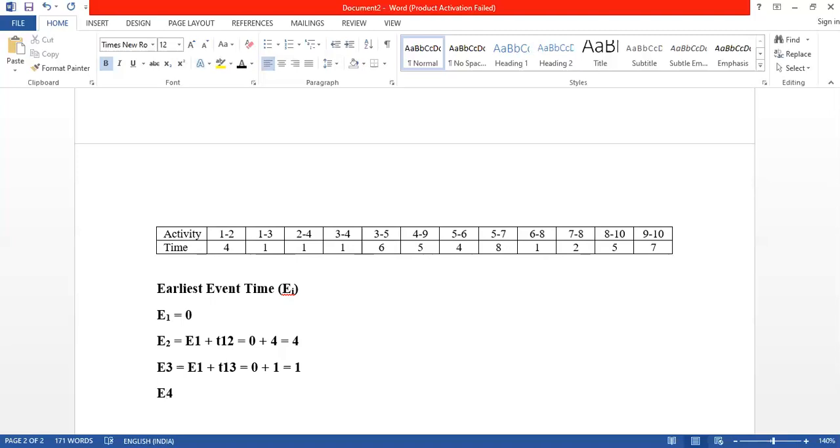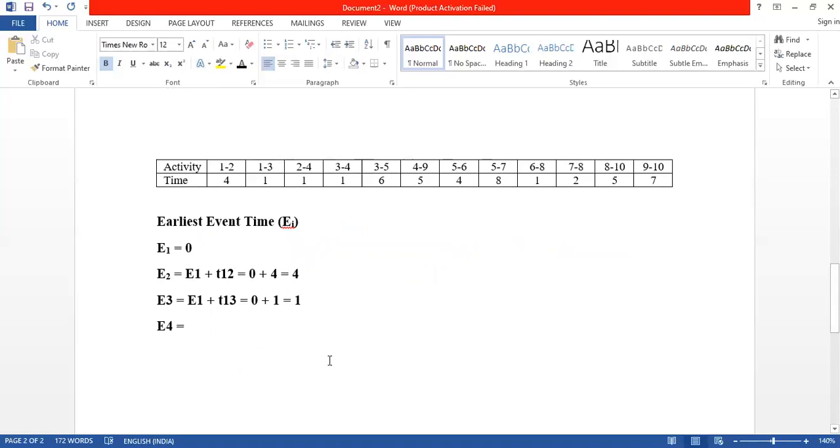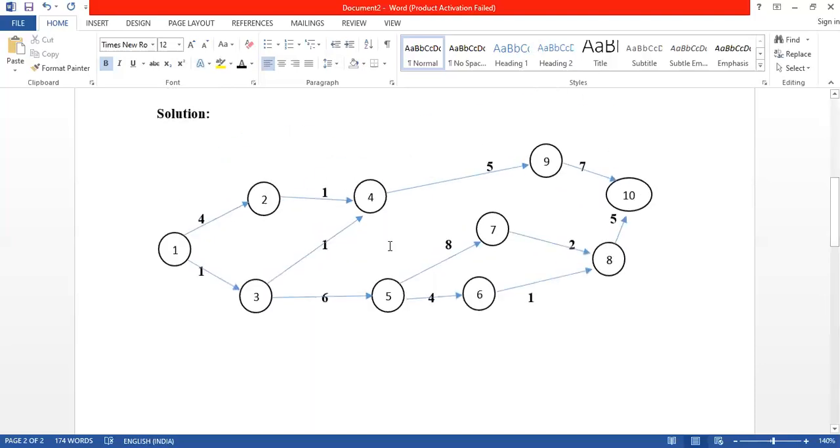E4. Let us go back to our diagram. Fourth event we can reach from second as well as we can reach from third. So there exists 2 ways. Whenever there are 2 ways, you have to choose maximum between, see, if we are coming from 2, that means E2 plus T24.